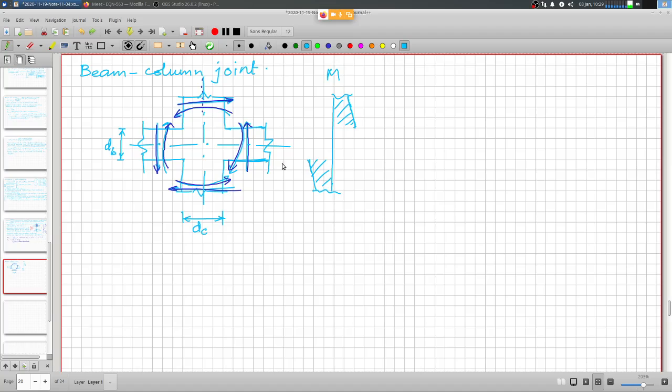Now, if you look at this joint, the moment changes from here to here over this short span.